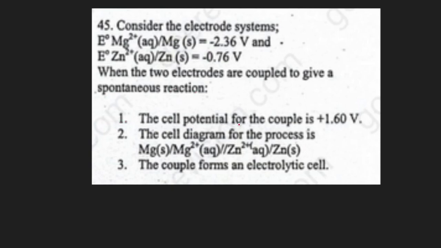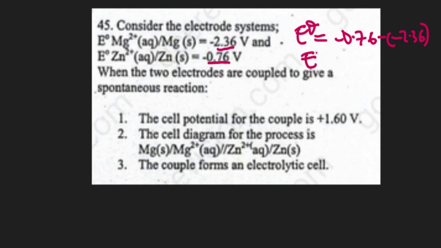1. The cell potential for the couple is plus 1.6. To calculate cell EMF, it will be the larger electrode potential value minus the smaller one. And if we check from these two electrode potential values, negative 0.76 is greater than negative 2.36. So we're going to have negative 0.76 minus negative 2.36.